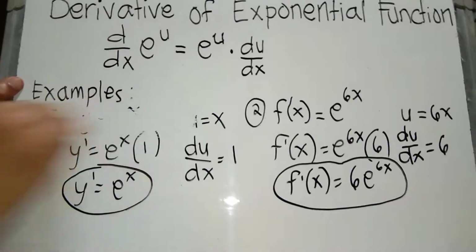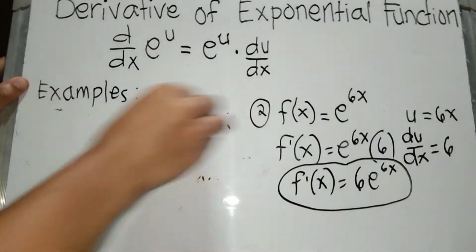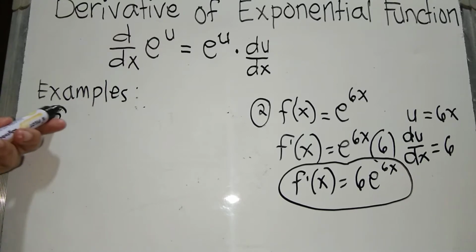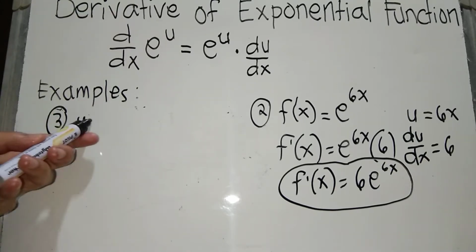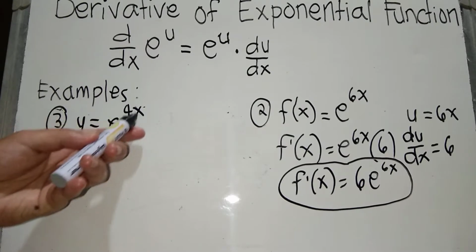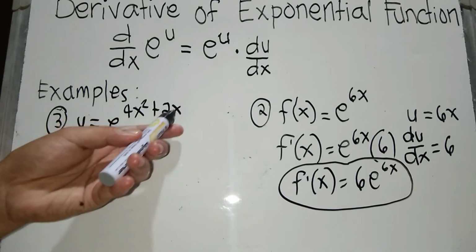Another example, if we have here a function y is equal to e raised to the power of 4x squared plus 2x.